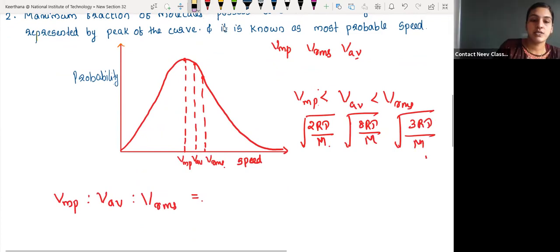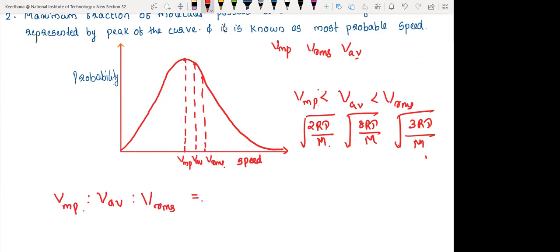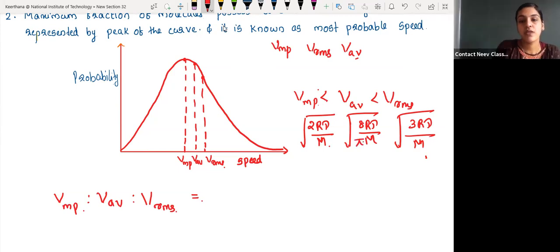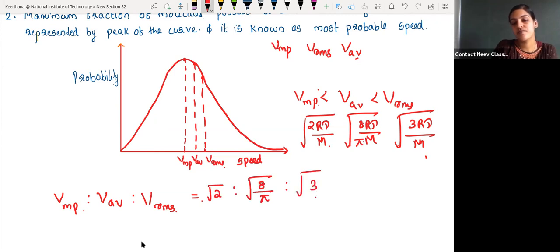Let's find the ratio VMP is to V average is to VRMS. V average equals root 8RT by pi M. So it is root 2 is to root 8 by pi is to root 3.